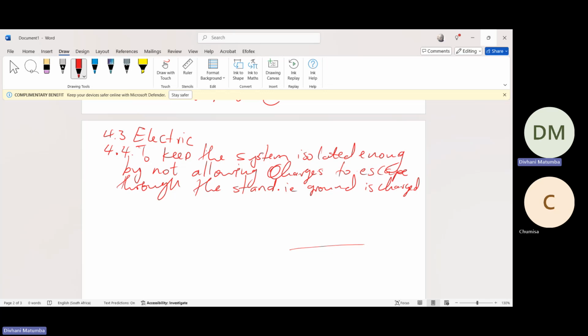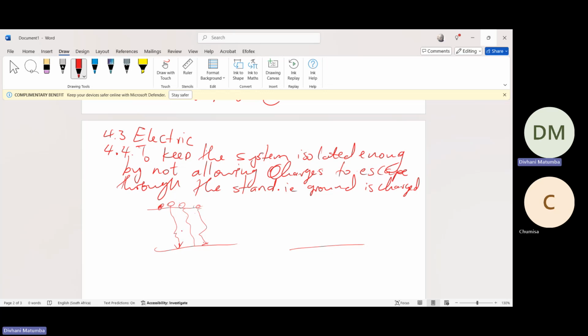So the lightning is formed by charges that are on the cloud that are flowing to the ground. So that's another example of electrostatic forces between charges.